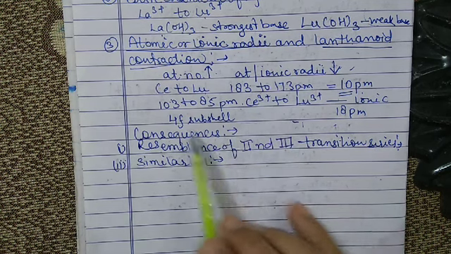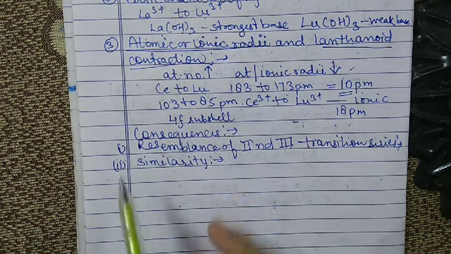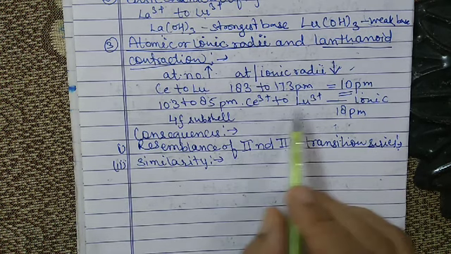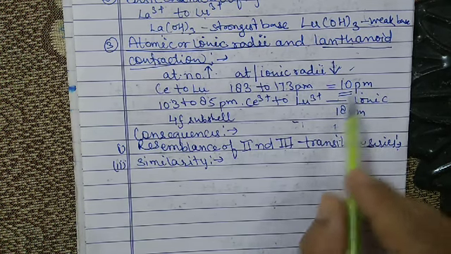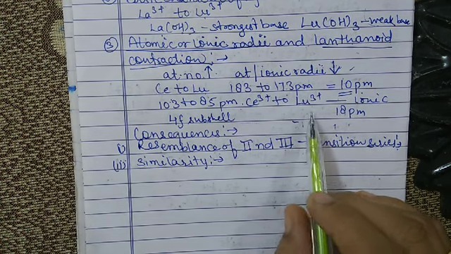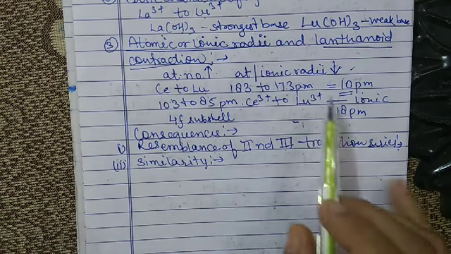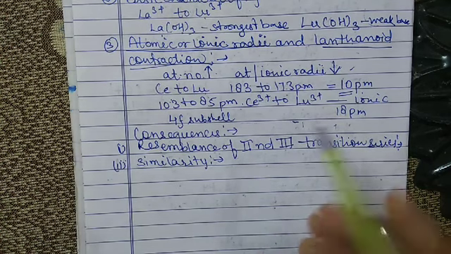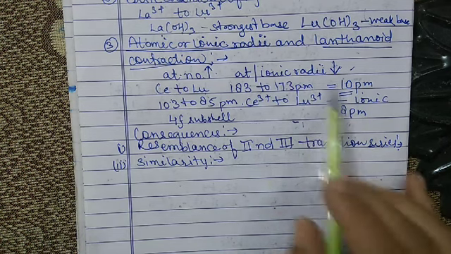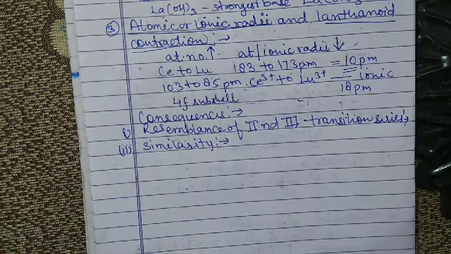Thus it is very difficult to separate the elements in the pure state. If we want to separate one lanthanoid from another, it is very difficult because the change is very small. However, there are now many methods, like fractional crystallization or the ion exchange technique, that we use to separate the mixture of lanthanoids.